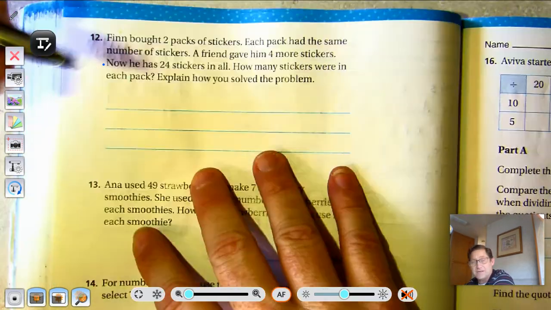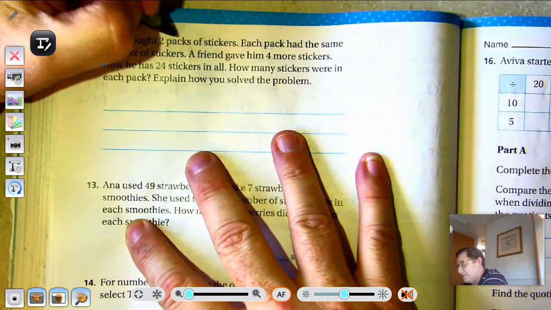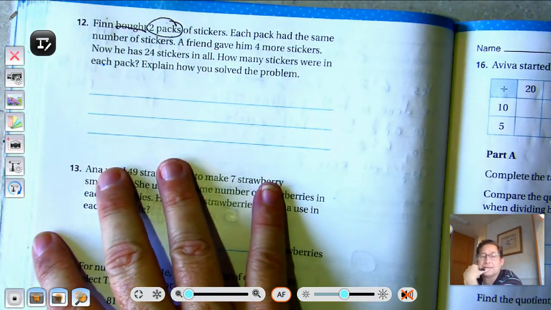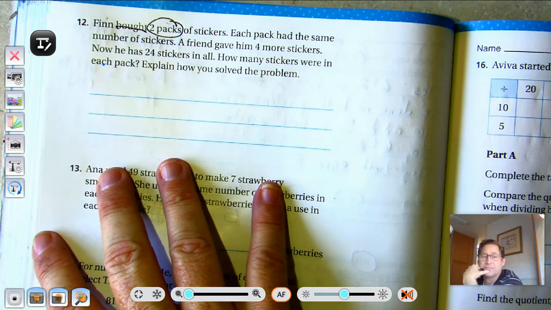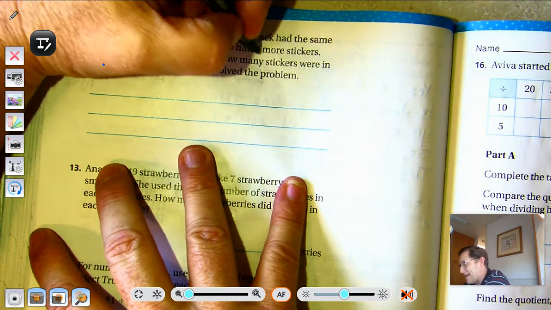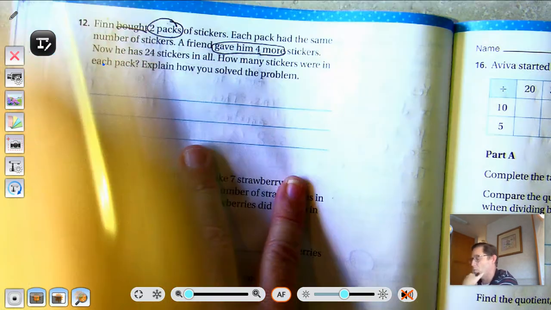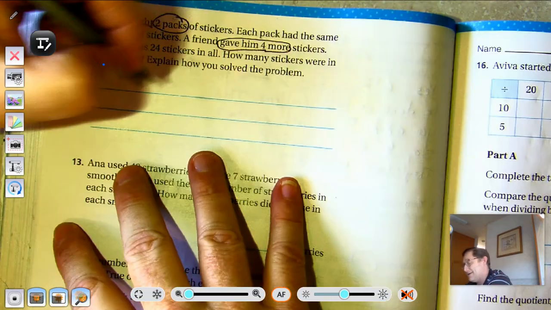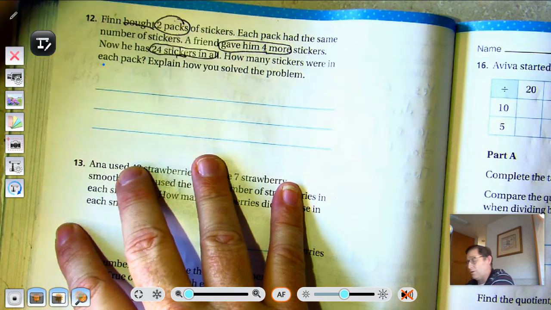Okay, so there's a lot there, but let's take it slowly. He bought 2 packs. Each of those packs had the same number of stickers. A friend gave him 4 more, so he didn't buy those. He was given those 4. Now he has 24.